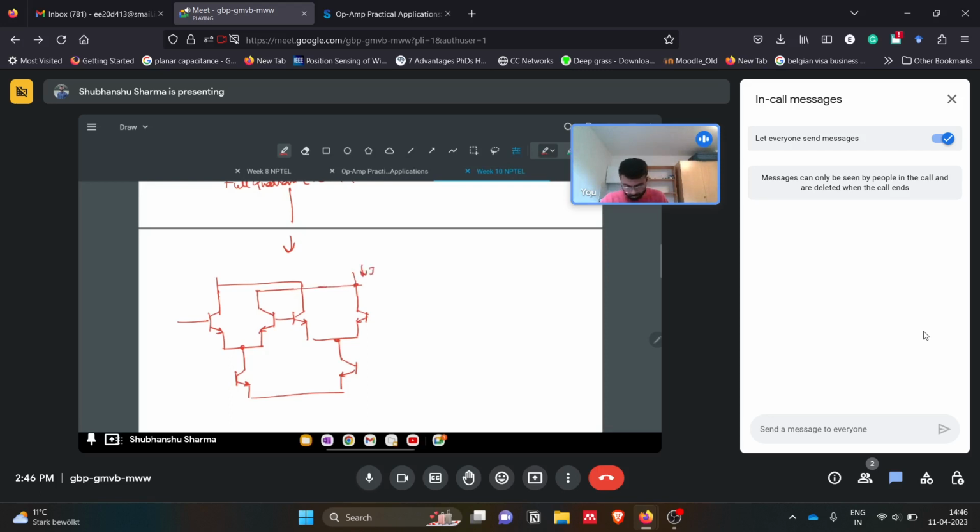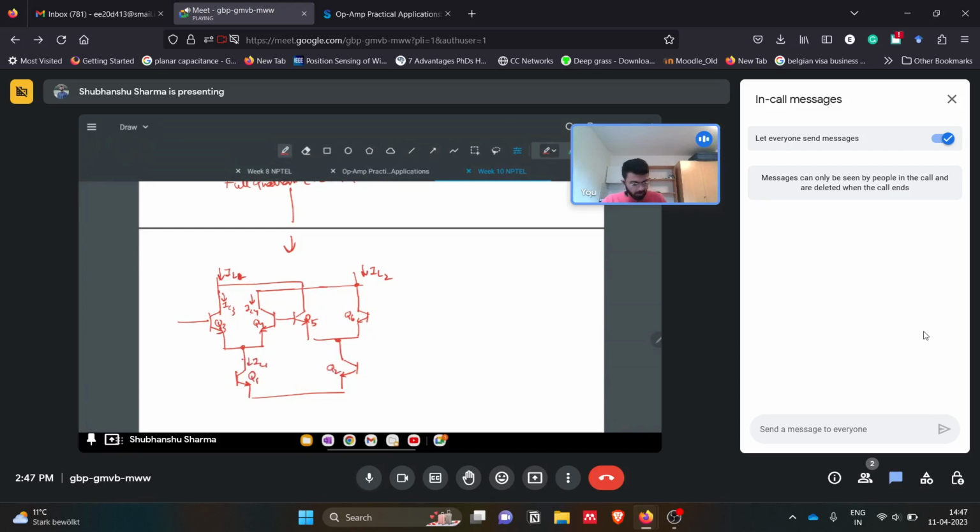So here was the one input IL2, here was another output, sorry, the current output IL2, IL1. This is IL1. This we can take as IC3. This was IC4, Q3, Q4, Q5, Q6, Q2, Q1.